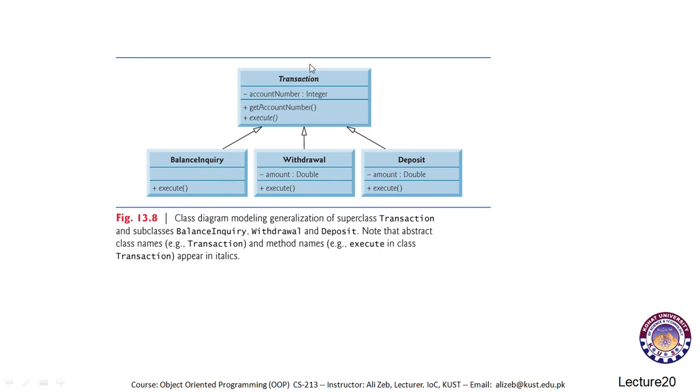So a transaction can only be a balance inquiry, a withdrawal, or a deposit. It cannot be anything other than these three transactions in our system. And that is the advantage of making the superclass abstract: we do not want our transaction to be anything other than these three types of transactions. Therefore, we can make our class abstract.